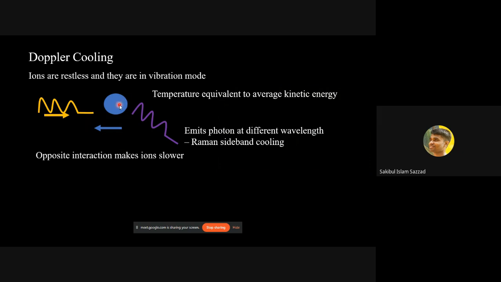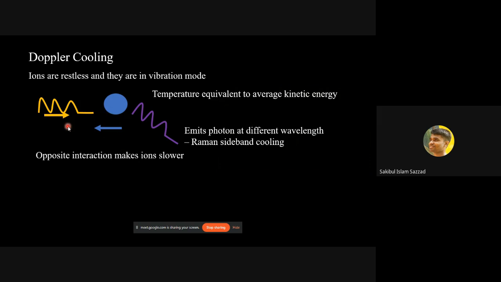So this is the ion, going in this direction, and I injected a laser in the opposite direction. Laser or photon has energy, and the ion also has energy. They are making collisions, so they are exchanging energies.